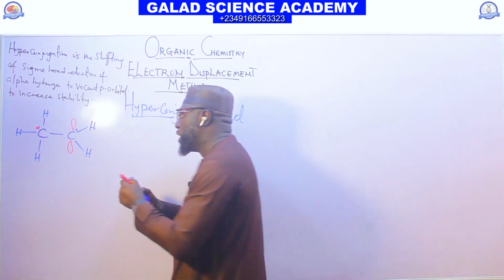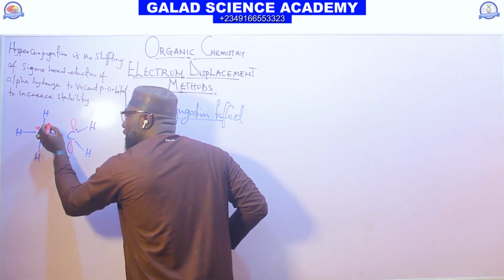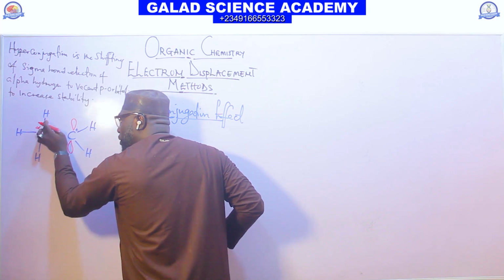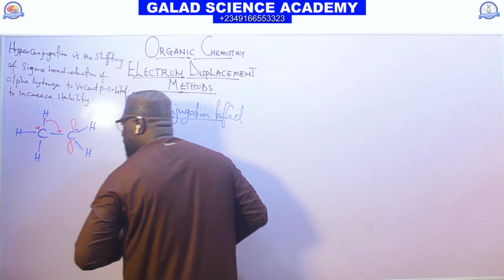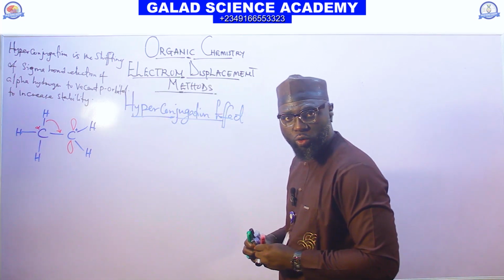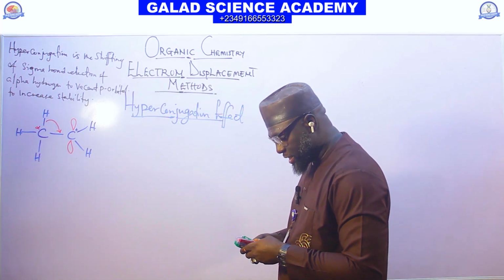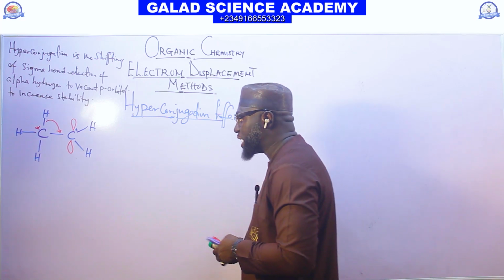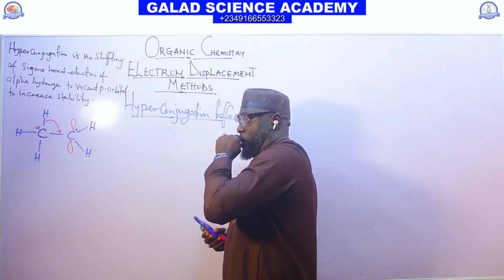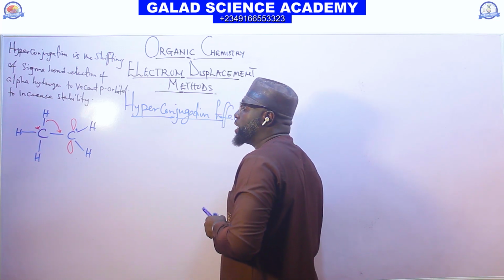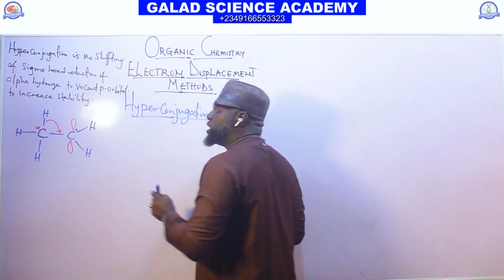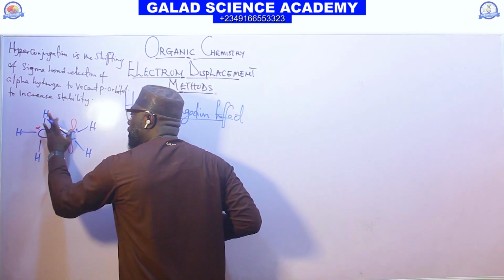Let's check now. If this is alpha hydrogen, the sigma bond will now shift towards this side. Good. Sorry, let me use the carbon.